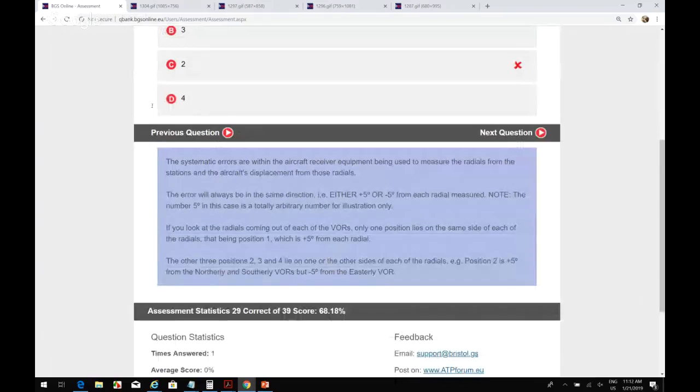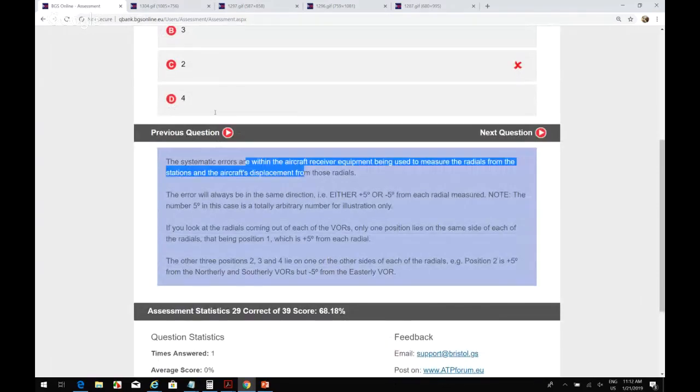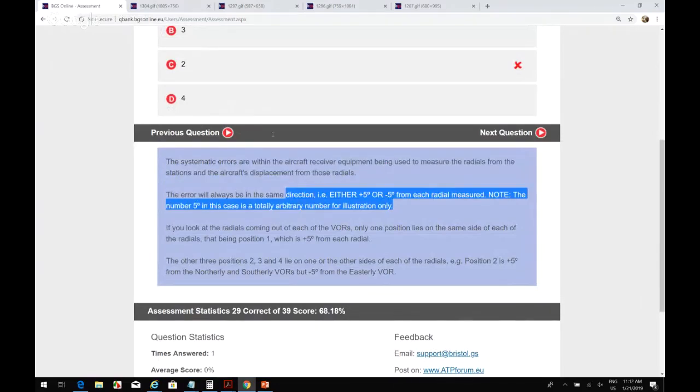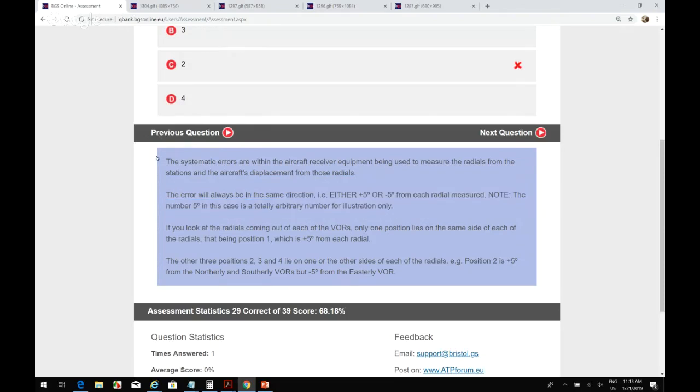Systematic errors are within the aircraft receiver equipment being used to measure the radials from the stations and the aircraft displacement from those radials. The error will always be in the same direction, either plus 5 or minus 5 from each radial measured. Note, the number 5 in this case is totally arbitrary, for illustration only.